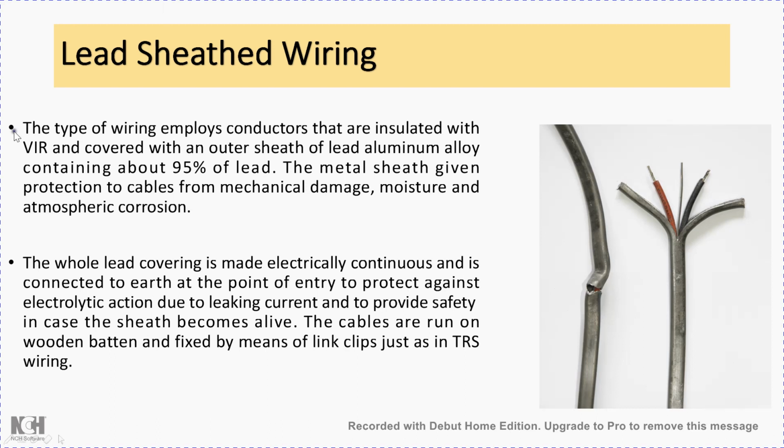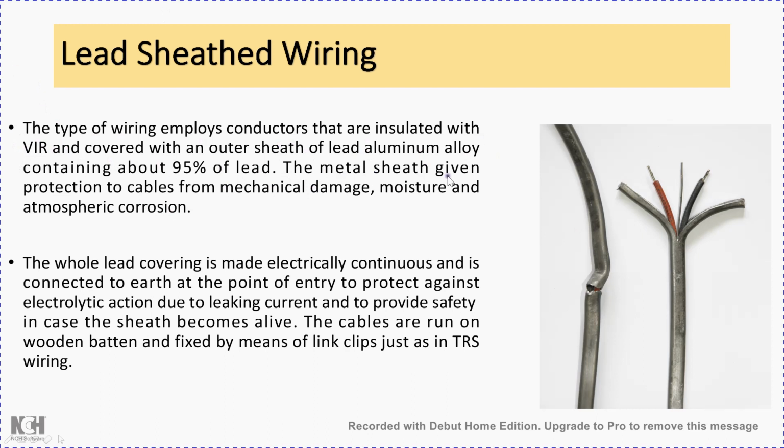Okay, so this type of wiring employs conductors that are insulated with VIR, vulcanized India rubber. It is the most commonly used insulation which we usually find on every wire that we use, and covered with an outer sheath of lead aluminum alloy containing about 95% lead.